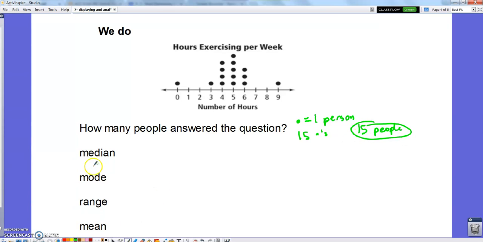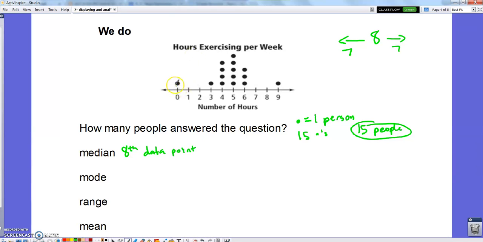All right. The median: if there were 15, that means if I find the 8th one, there will be 7 on this side and 7 on this side, right? 7 is 14, and 8 would be the 15th one. So I'm looking for the 8th data point, since there are 15.